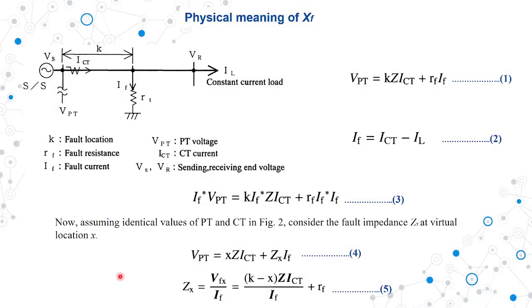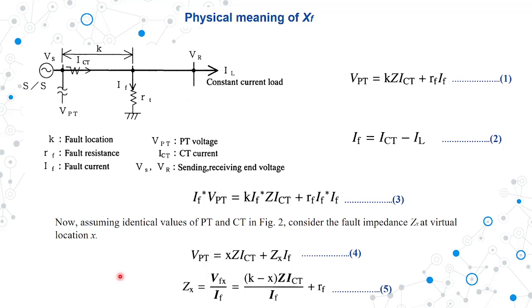For a simple understanding and physical meaning of what a fault reactance is and how it occurs, we have taken a single transmission line. As we saw before, this transmission line has three terminals, but we have taken a one-terminal line for better explanation.